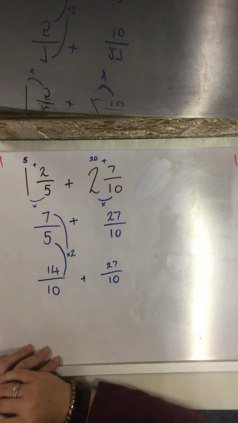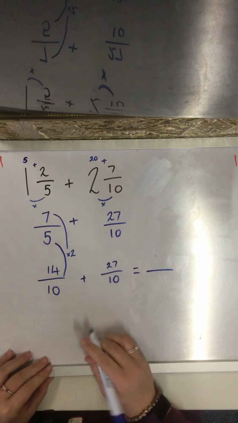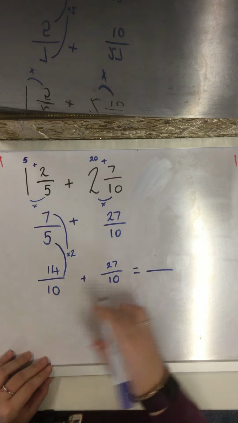So I've now got 14 tenths and 27 tenths. Much easier to work with now. So we keep our denominator the same. Pop the 10 down here.